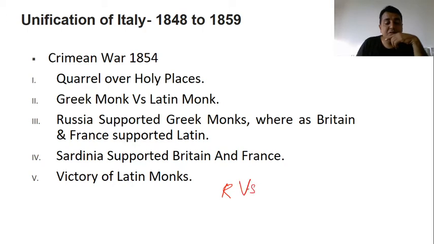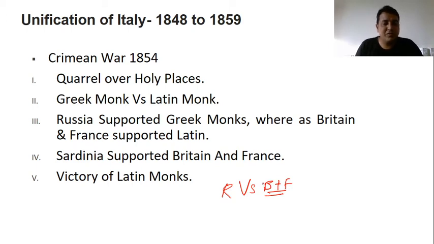Russia versus Britain plus France. Who is going to emerge? Of course, Britain and France. And why? Colonial masters, largest empire of that time. Britain had the strongest navy and France had the strongest army of that time. So logically, anybody can guess that Britain and France are going to defeat Russia.